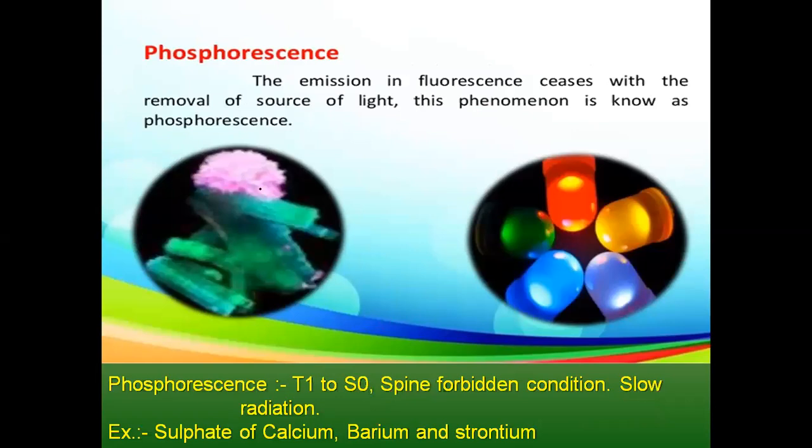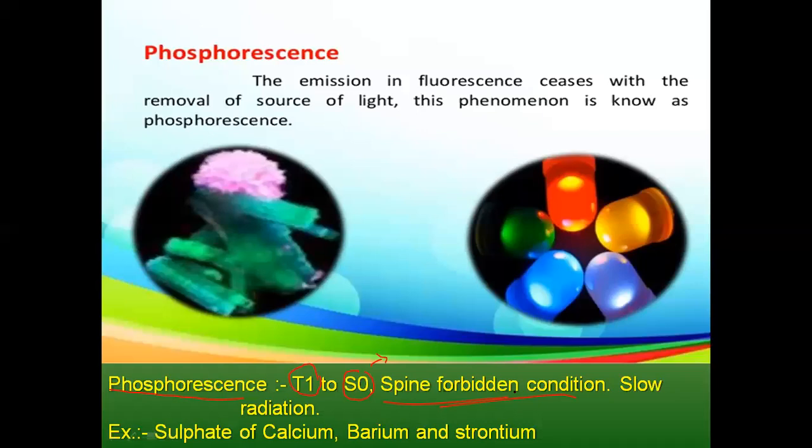Then phosphorescence, you already understand. If the electron jumps from T1 energy level to S0 energy level, it gives energy. So this phosphorescence is spin forbidden. There is a spin forbidden condition.